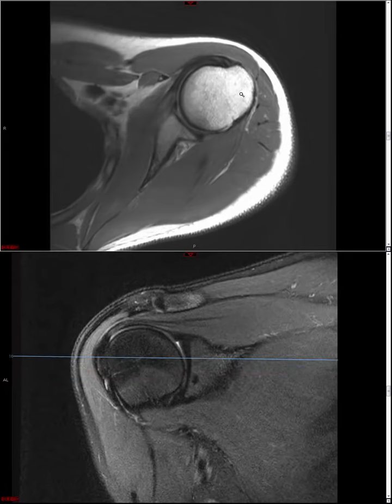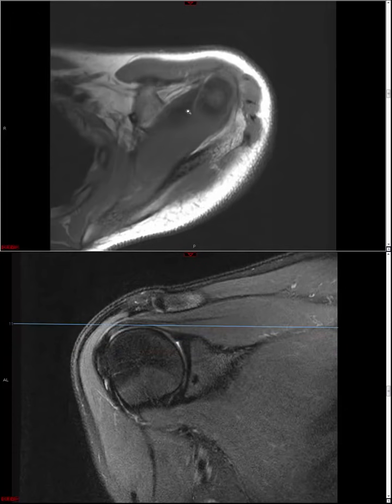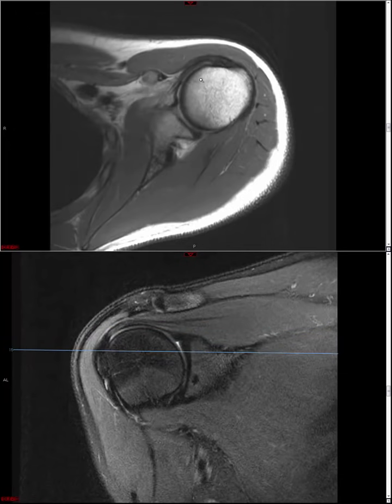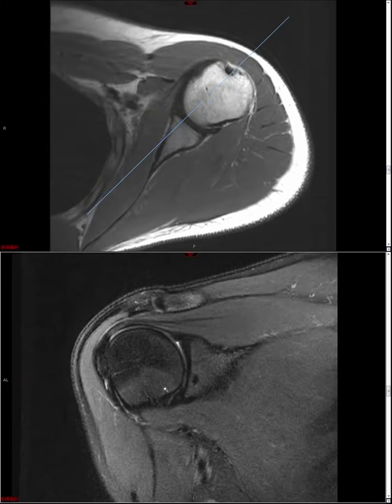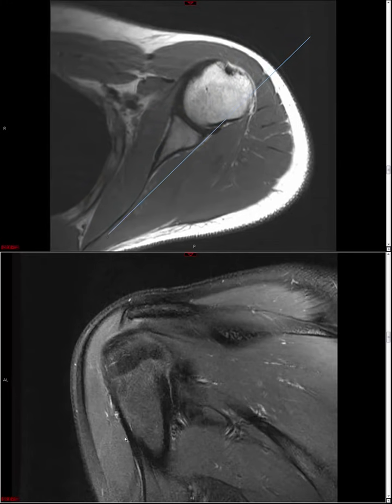Following proximally, we can see the biceps tendon originating from the expected location of the superior labrum, and then traversing through the space called the rotator interval, which we'll talk about in a second, and then distally you can see it in the bicipital groove. It's a bit of an oversimplification, but for now accept that the bicipital groove is intra-articular, so if you see trace fluid in the bicipital groove as you see here, that's actually normal.